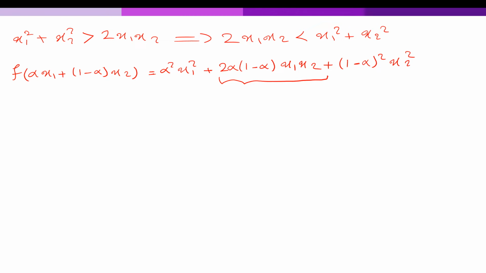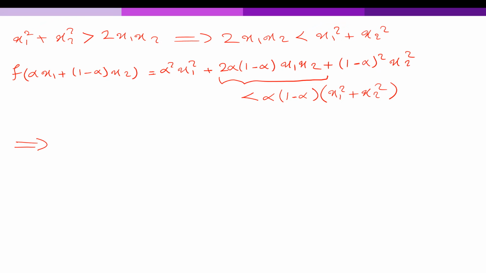And based on this, we can say that this one is less than, multiplying the above term by alpha 1 minus alpha gives us alpha 1 minus alpha times x1 squared plus x2 squared.